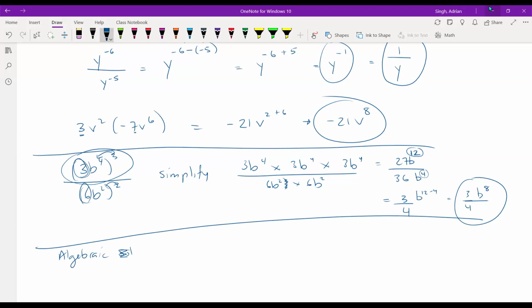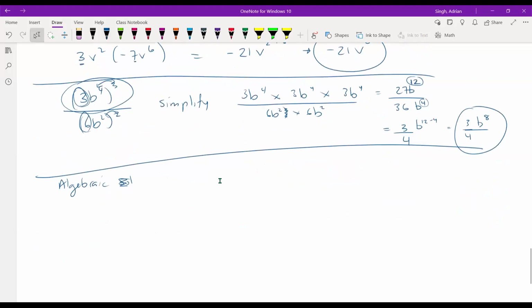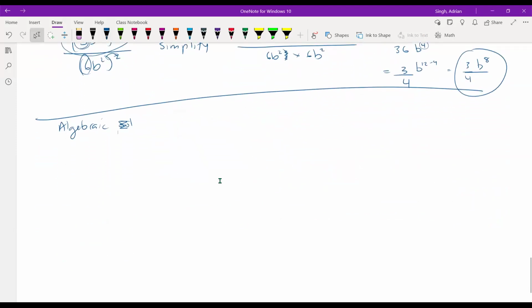Oops. Sorry, I lost my screen. Okay, there we go. So for example, if we have something like 3x plus 10 is equal to 16. We need to solve this for x. That means we need to find what x is, what's the value for x.